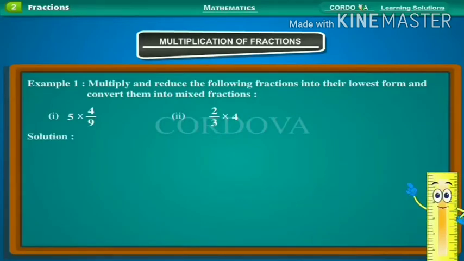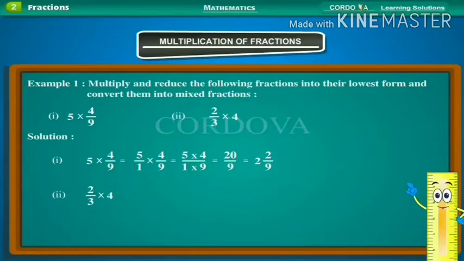Solution. 5 into 4 upon 9 is equal to 5 upon 1 into 4 upon 9, which is equal to 5 into 4 upon 1 into 9, which is equal to 20 upon 9, which is equal to 2 and 2 upon 9. 2 upon 3 into 4 is equal to 2 upon 3 into 4 upon 1, which is equal to 2 into 4 upon 3 into 1, which is equal to 8 upon 3, which is equal to 2 and 2 upon 3.